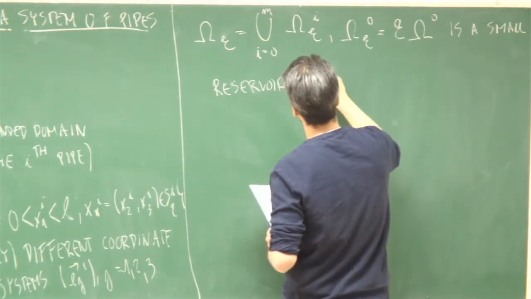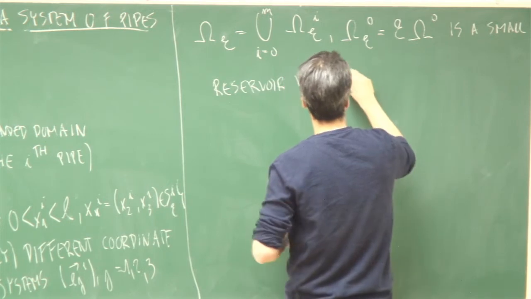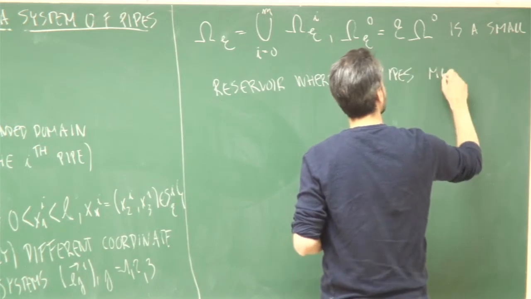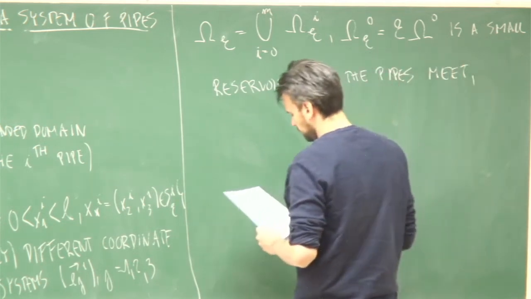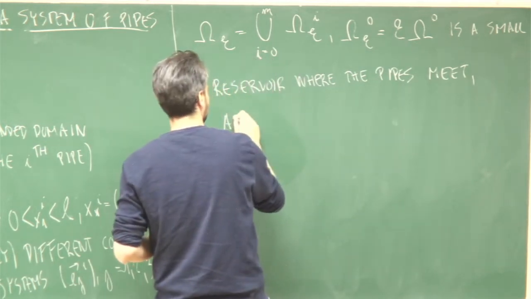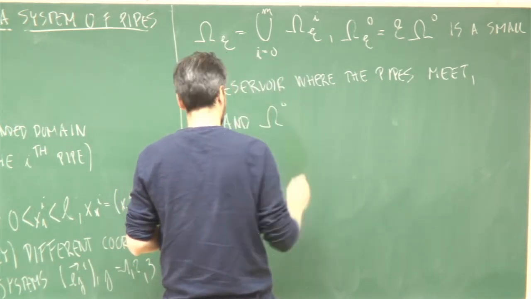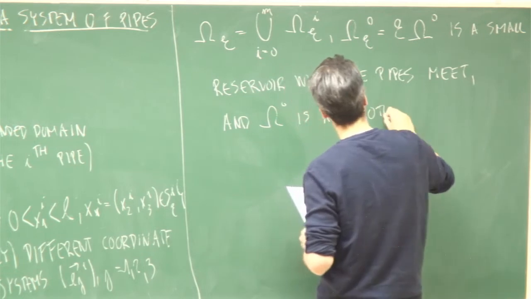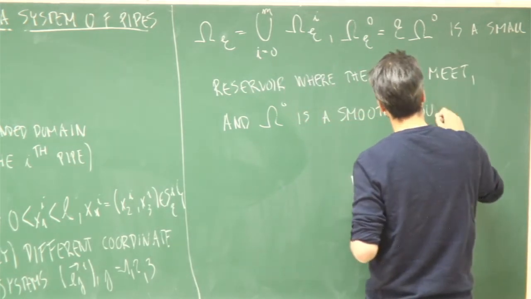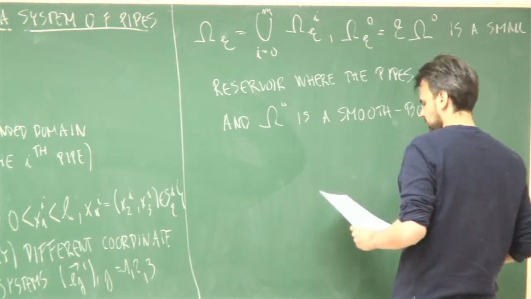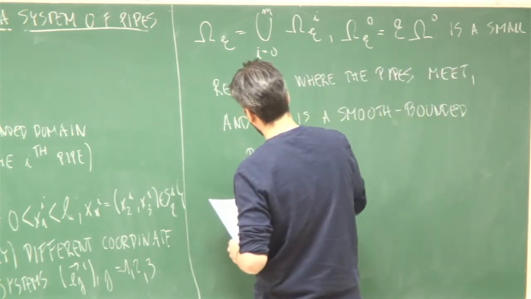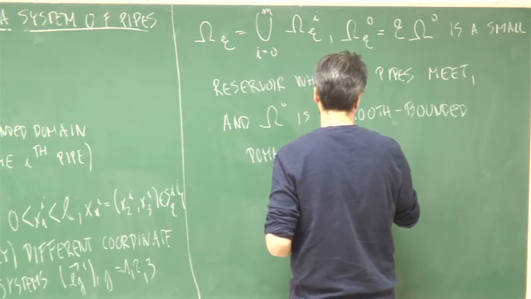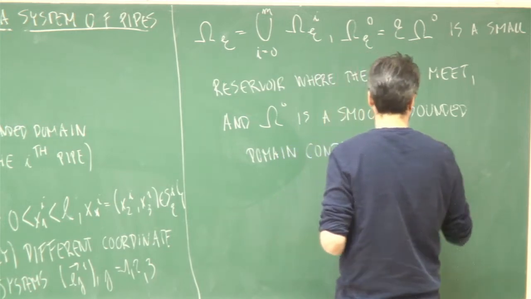So where the pipes join, omega 0 is a smooth bounded domain containing the origin.